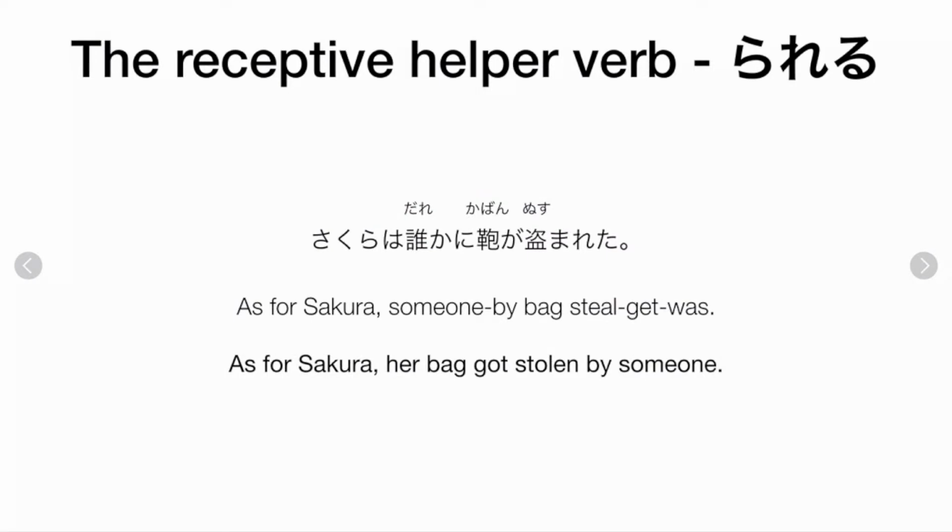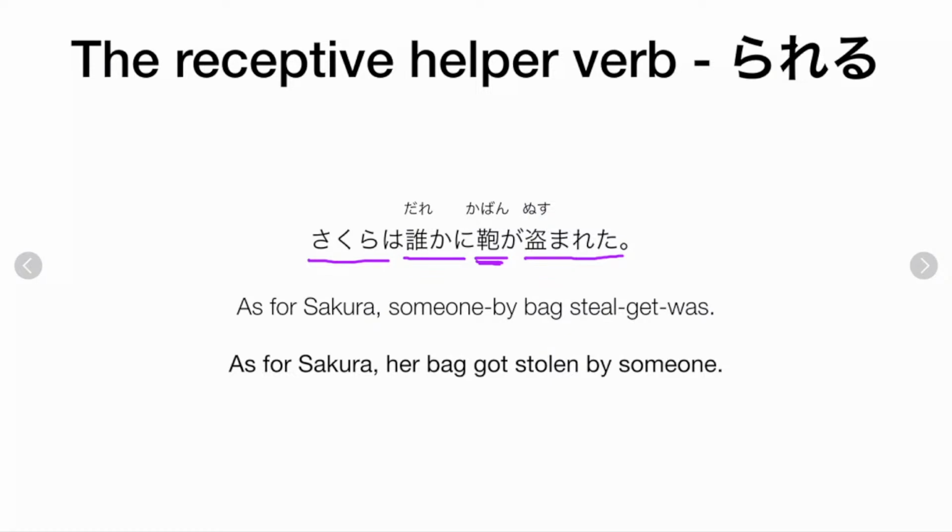You can do something similar here. Sakura wa dareka ni kaban ga nusumareta. Okay? So now look at what the ga marked subject is. The ga marked subject is kaban, which is bag.